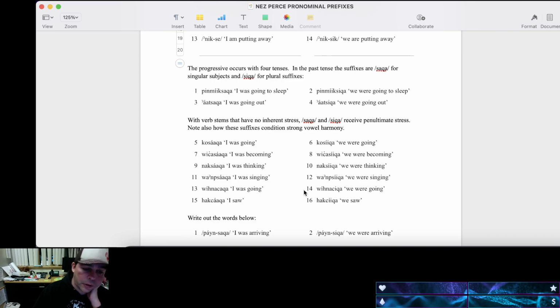Sometimes I's get inserted when certain consonants get together, and those are all concepts that will develop you as a speaker. But if you can understand the difference between the S verbs and the C verbs, then when we start introducing all these other rules that are similar, it's not as difficult.